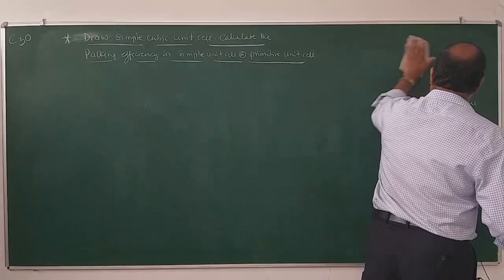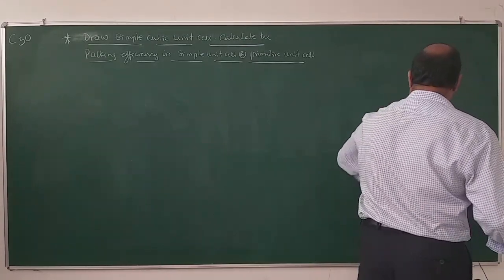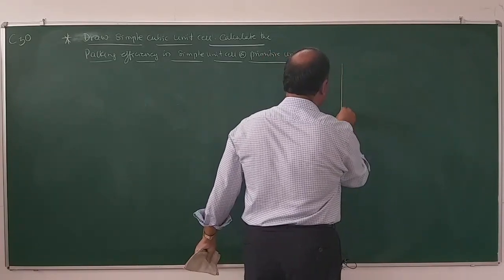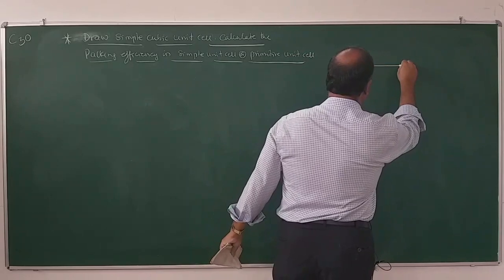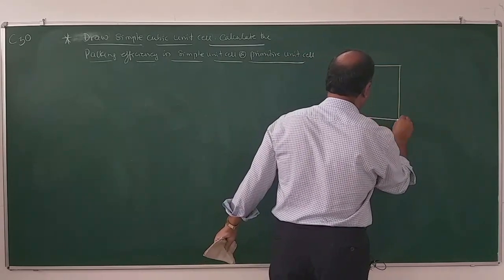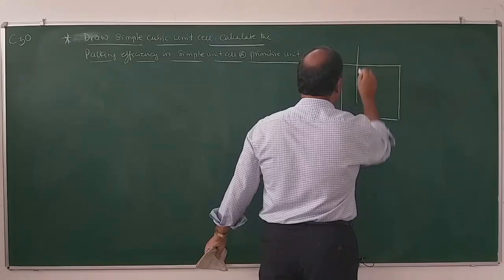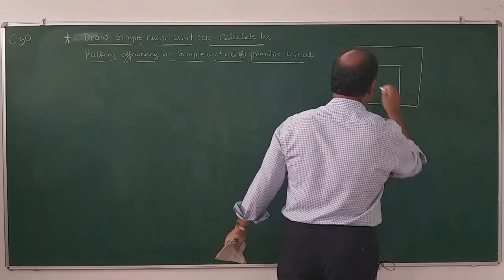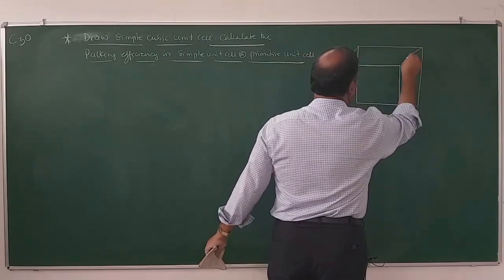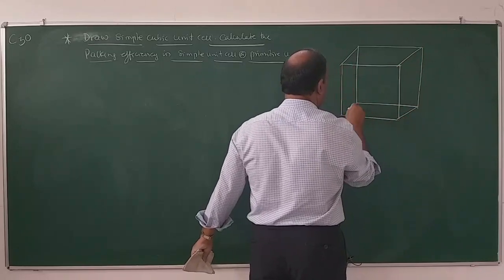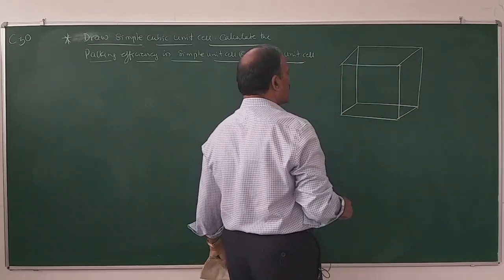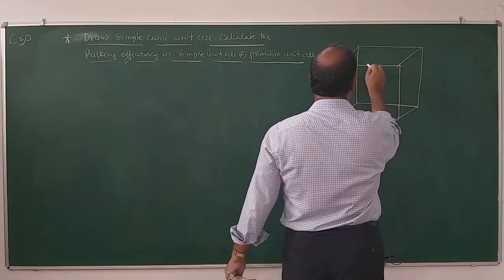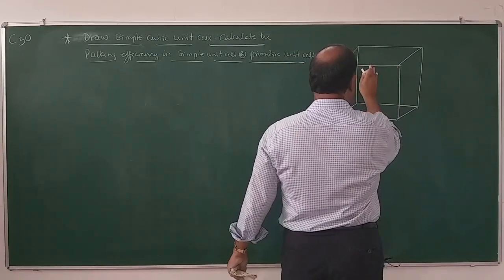So for that, you have to draw this figure, the simple cubic unit cell. This one is the figure. In simple cubic unit cell, where are the points present? Points are present only at the corners. I will not draw all the corner particles, only 2 corner particles.